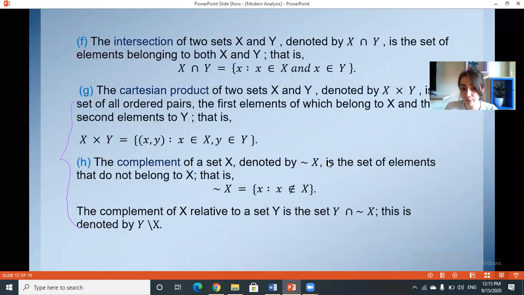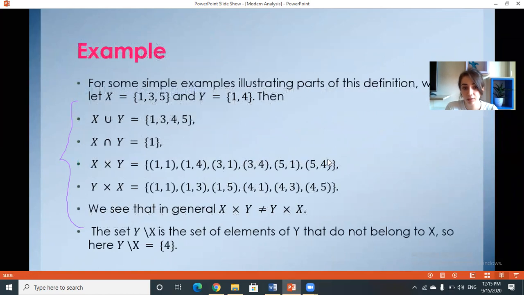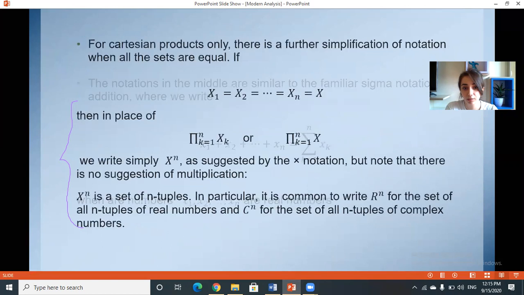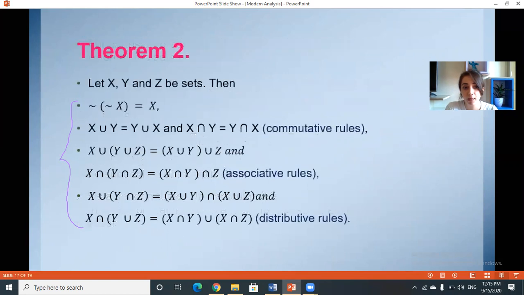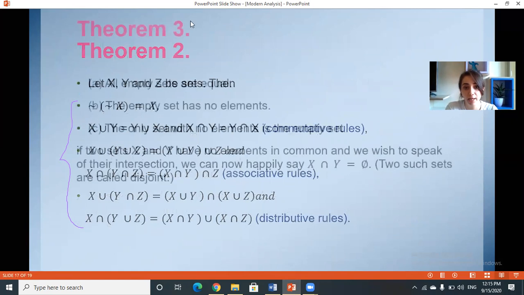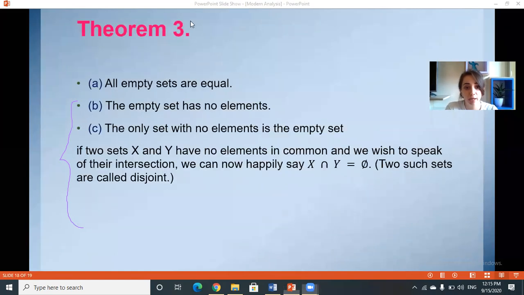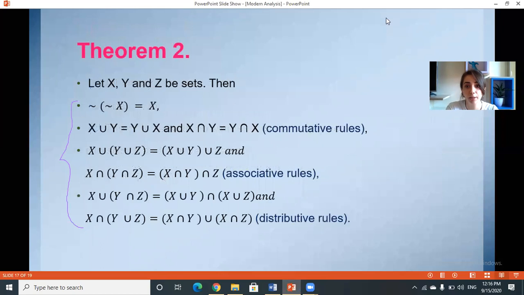The complement of x. You see, the complement of the complement of x is equal to x itself.